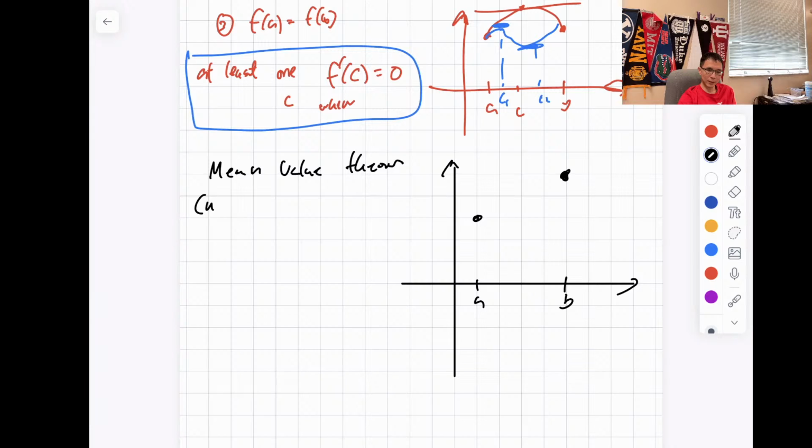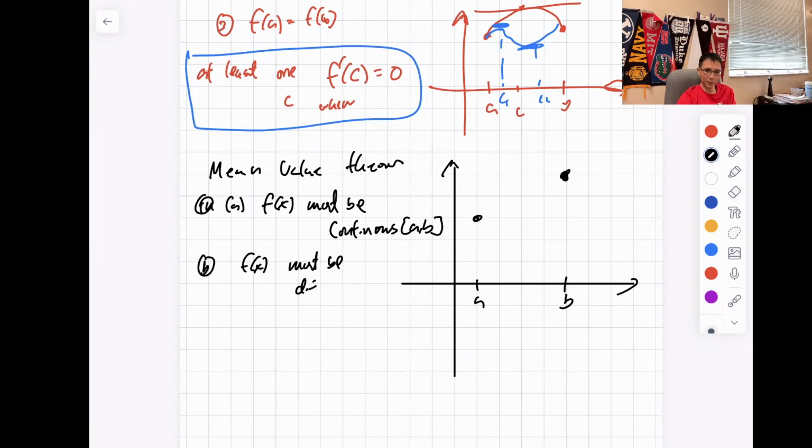The mean value theorem says the first condition is f of x must be continuous between a and b, including the endpoints. The second is f of x must be differentiable between a and b, not including the endpoints.